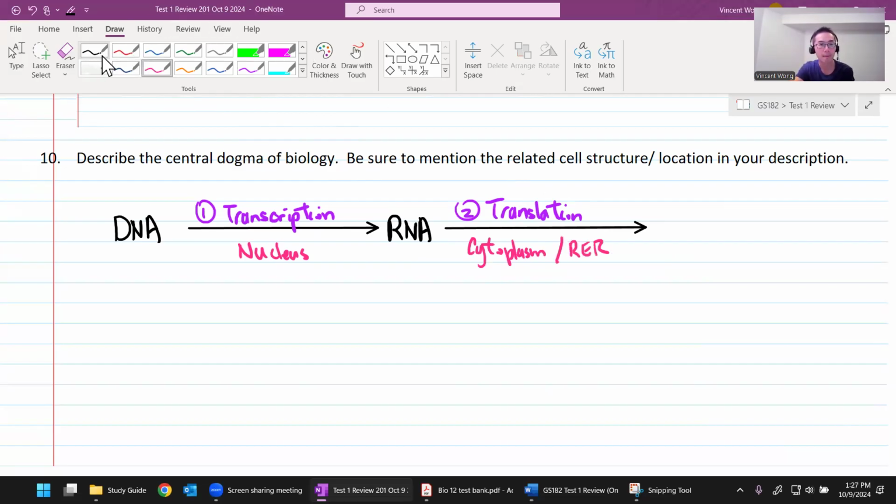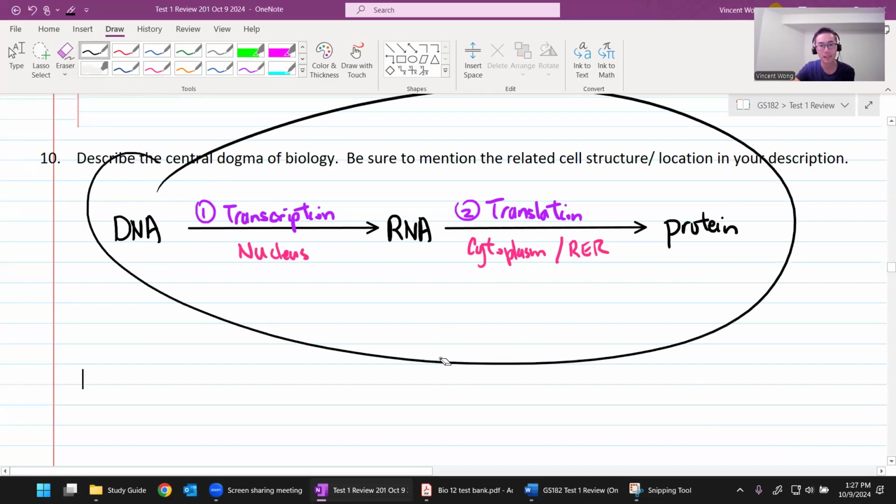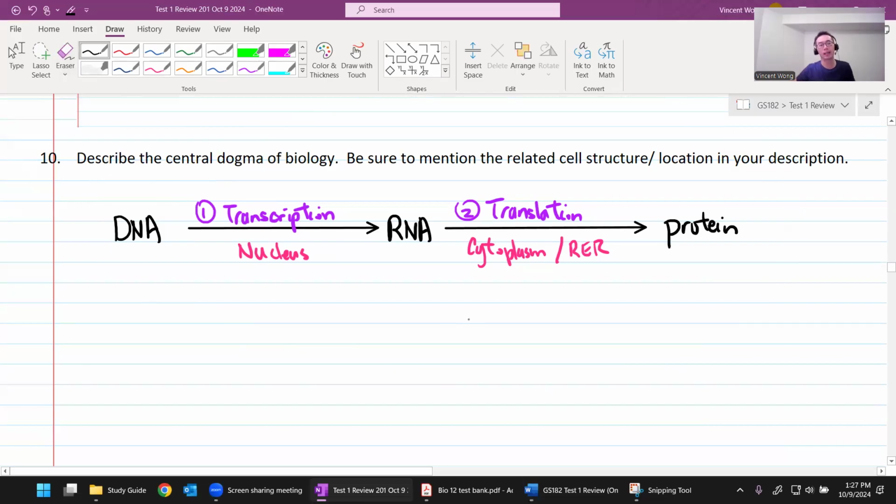And that's going to be protein. That's it. That's the central dogma. This will be the main focus of lectures 6 and 7 in the second half of the course. Okay, moving on.